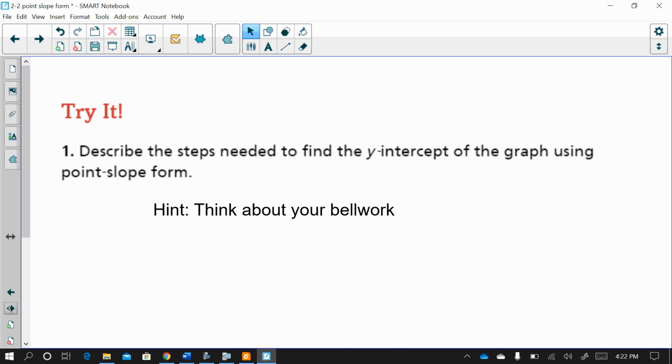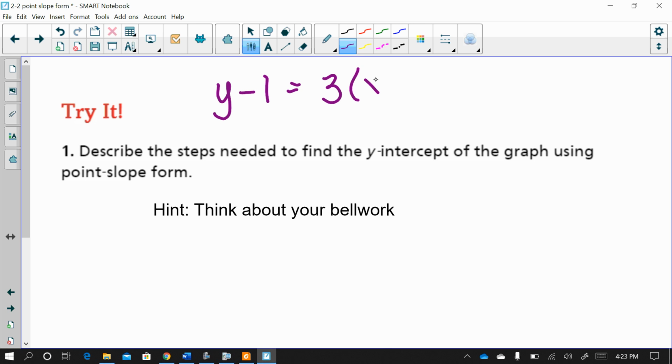Okay, so let me give you an example here. If I had the equation y minus 1 equals 3 times x plus 4. Okay, describe the steps needed to find the y-intercept of this graph. Okay, basically, how would I convert this to slope-intercept form? Well, I know I got to get y by itself. But before I do that, probably should distribute first. Okay, so I would distribute.